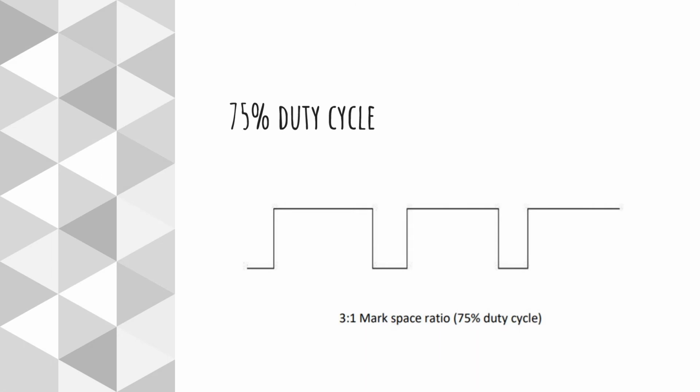In this waveform, the signal has a mark space ratio of 3:1, which means that the output is at 12 volts for 75% of the time. This clearly gives an average output voltage of 9 volts. So the motor runs at 3/4 of its maximum speed.